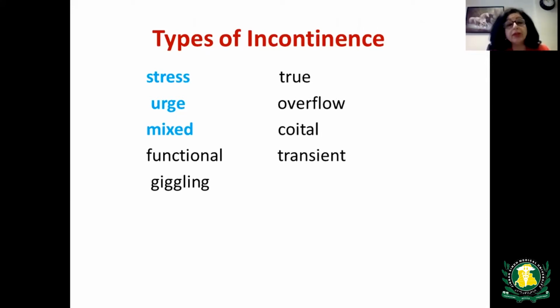Sometimes there is an obstructive damage which can lead to overfilling of the bladder, and that overfilling may lead to spillage, as well as sometimes coital incontinence. Again, that could also have some neurological involvement, and then a transient type. So my focus would be mainly on stress, urge, and mixed incontinence, because the names of the rest suggest they are self-explanatory, so they don't need elaborating much.